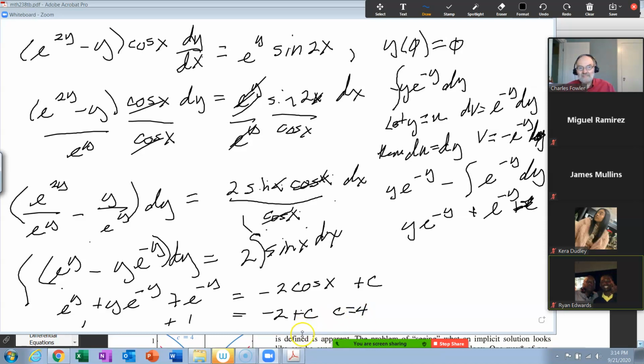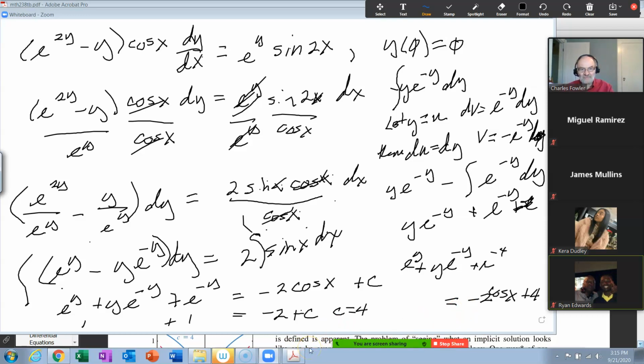Now, your final answer is this: e to the y plus y e to the minus y plus e to the minus y is equal to minus 2 cosine x plus 4, because that was your C.